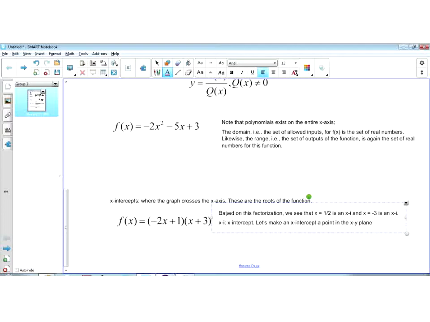All right, so if we're going to make an x-intercept a point, then by definition a point has what? An ordered pair, two coordinates, right? So thus, technically speaking, the xi's, x-intercepts, are what?